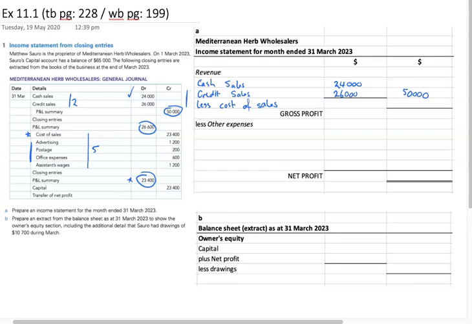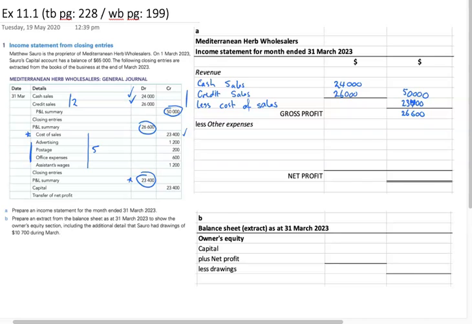How much are our cost of sales? If we've ticked off our revenues, we can now tick off our first expense, 23,400. Because there's just one of them, we don't have to put it on the left-hand side; we can put it on the right column. This will then give us gross profit of 26,600, gross profit being our net sales minus all our cost of goods sold.